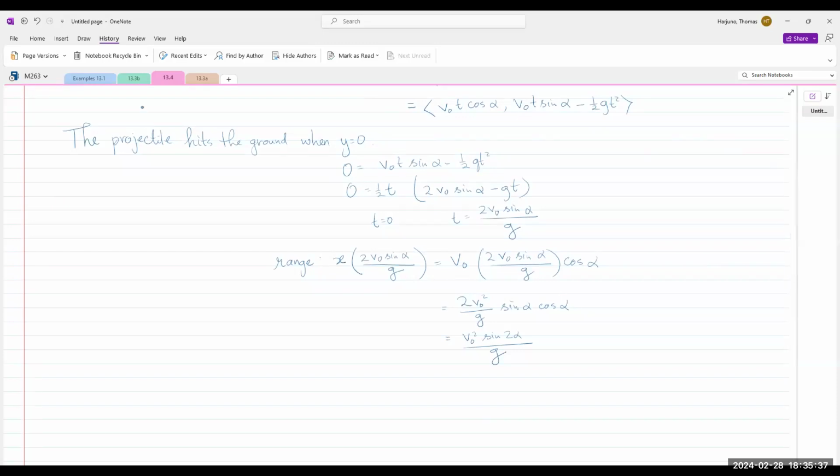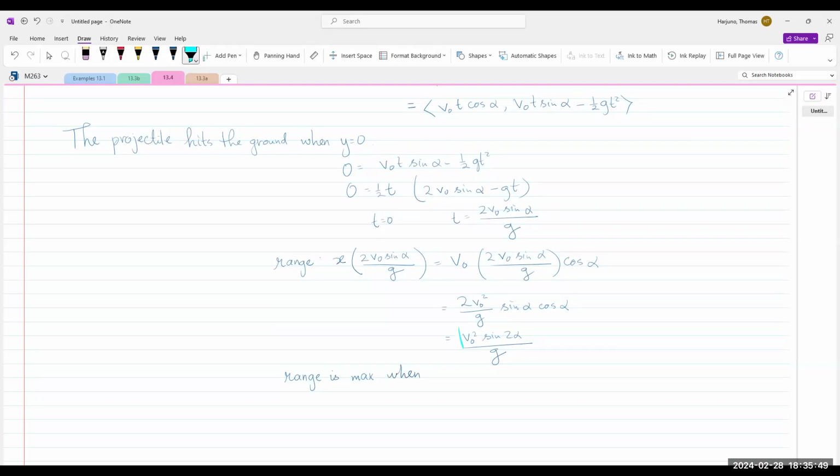The range is maximum when, notice that the initial speed v naught is fixed, and the gravity we cannot change, but we may be able to change the alpha. At what angle should you throw that projectile? The furthest distance we can reach is when sine 2 alpha is maximum, which is 1.